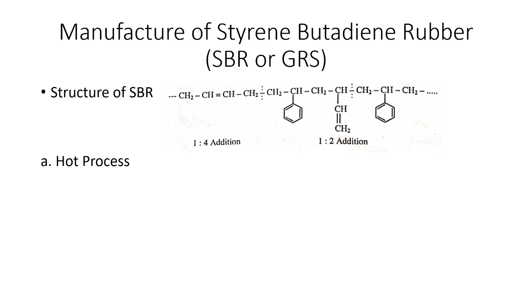So hot process: in this process butadiene 75% and styrene 25% are mixed to form an aqueous emulsion. Potassium thiosulfate 0.3% is used as initiator catalyst.